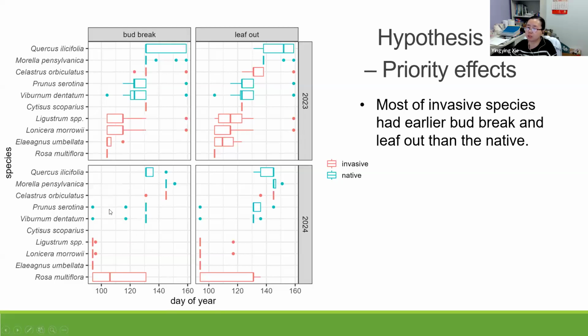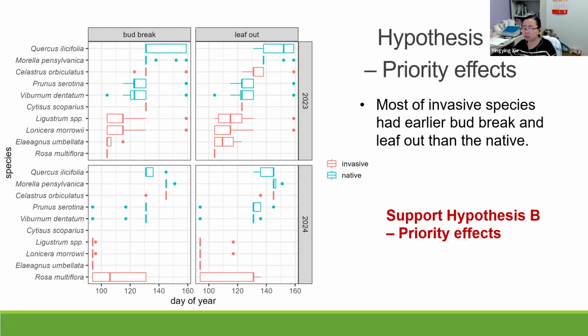Generally, especially at the bottom, you see the 4 invasive species have earlier bud break and also leaf out compared to most native species, which show relatively on the right side of the panel. So from this information, we have evidence supporting our hypothesis, showing the priority effect.